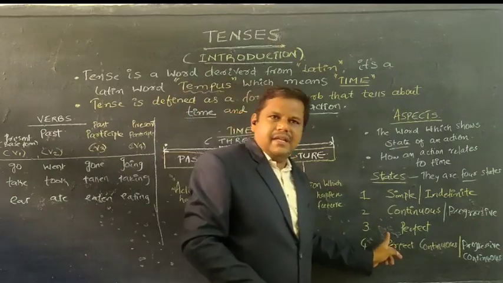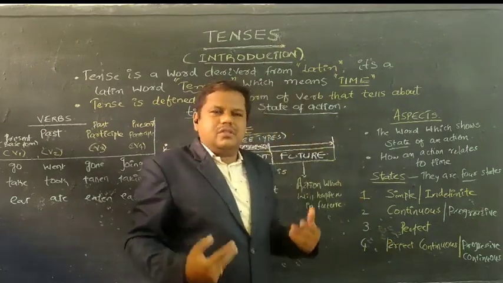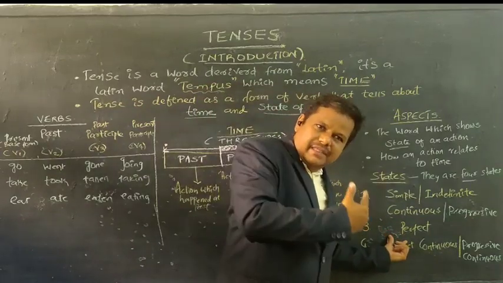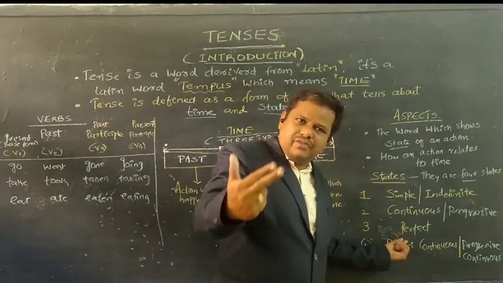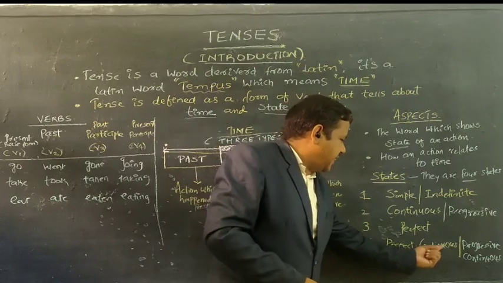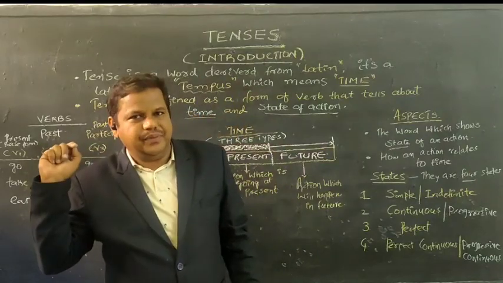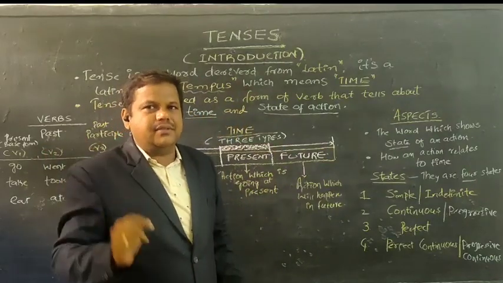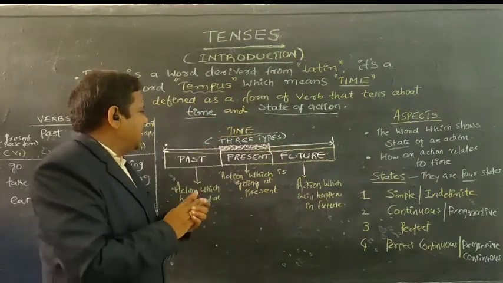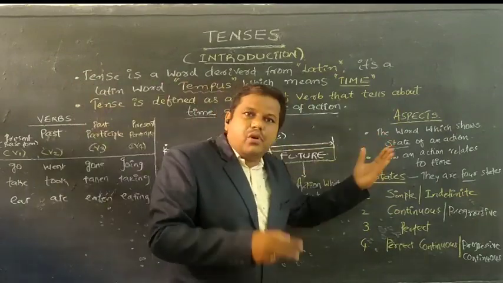The next one is called perfect. Again it is present, past and future. The last and final one is called perfect continuous. It is also called perfect progressive. So, students, these three time factors depend on the four aspects.